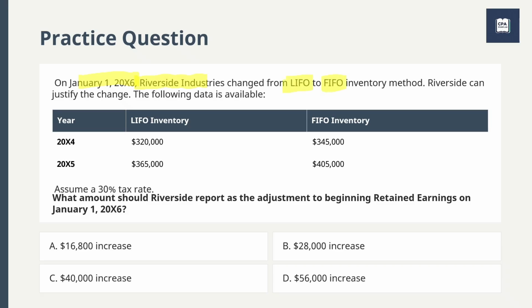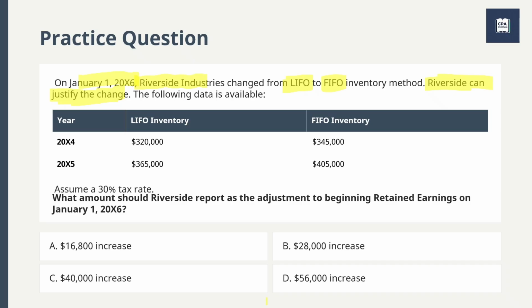And the question is also telling us that Riverside can justify this change. Whenever there's a principle change, the company cannot say on its own, okay, I want to change it. They need to justify it. But on the question, they always say it. If they can justify it, most of the time you can think it is a principle change.